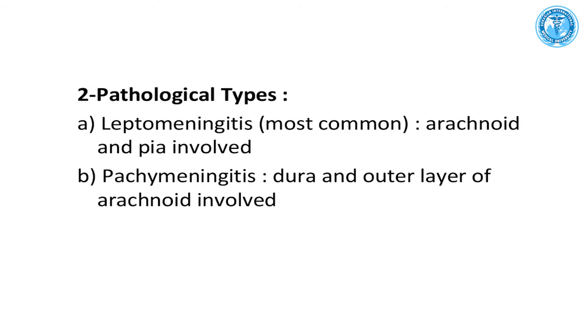Neisseria meningitidis. Pathologic types. A, leptomeningitis, most common, arachnoid and pia involved. And B, pachymeningitis, that include dura and outer layer of arachnoid.